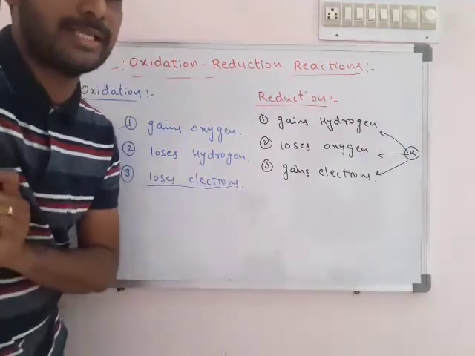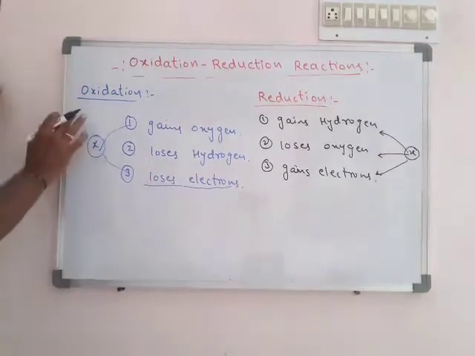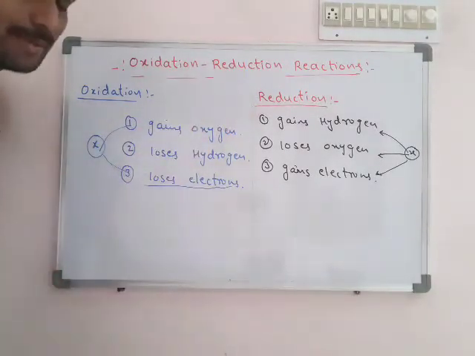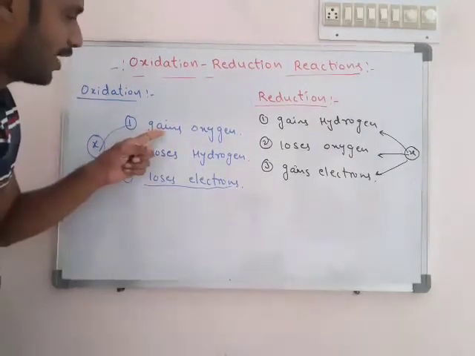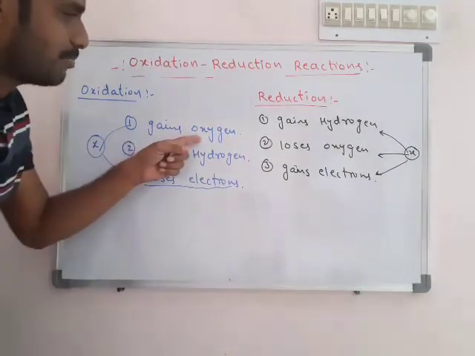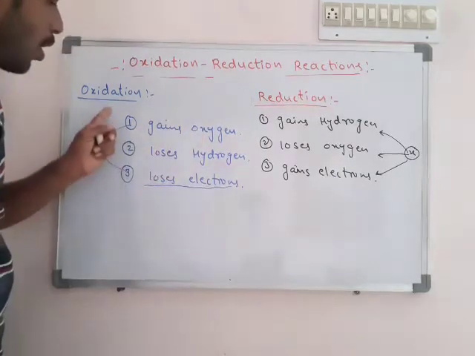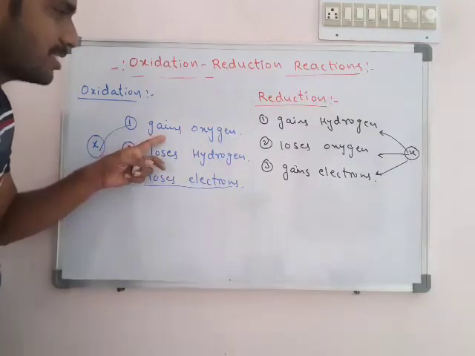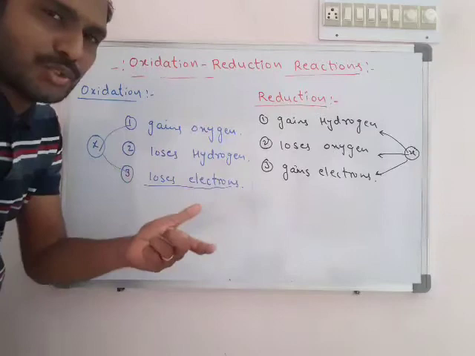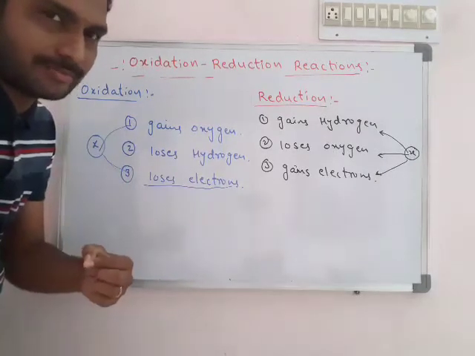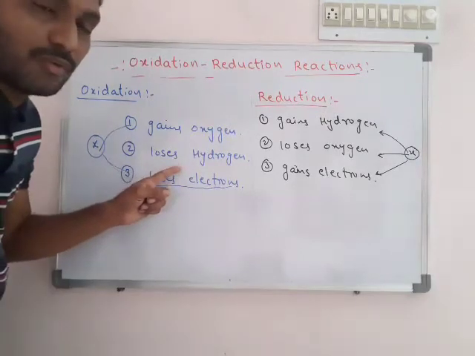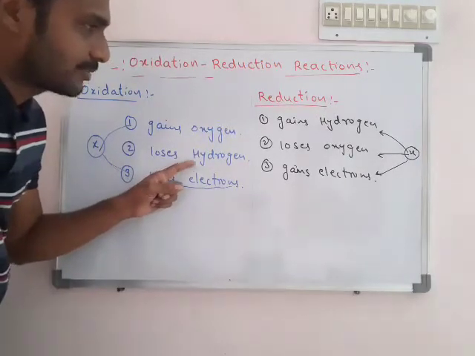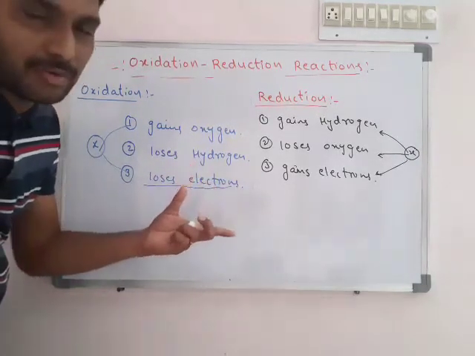The important thing here is that oxidation and reduction generally take place simultaneously. For example, if one gains oxygen, some other should lose oxygen. If one loses hydrogen, the other will gain that hydrogen.